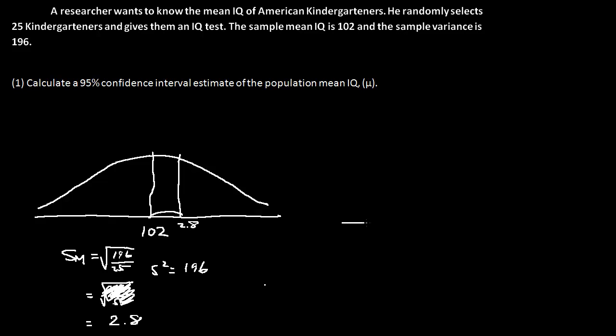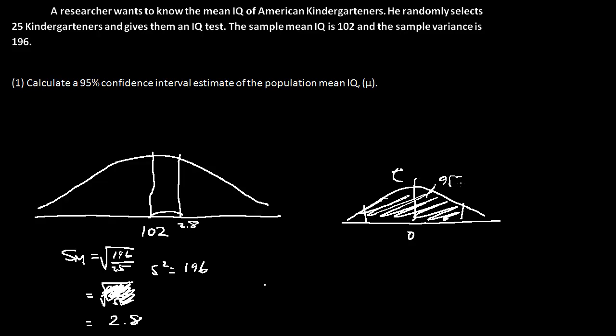And it's a t-distribution here, and to get 95% it's two-tailed. 95% means it's 2.5% here and 2.5% here. It's exactly the same way as the last one.